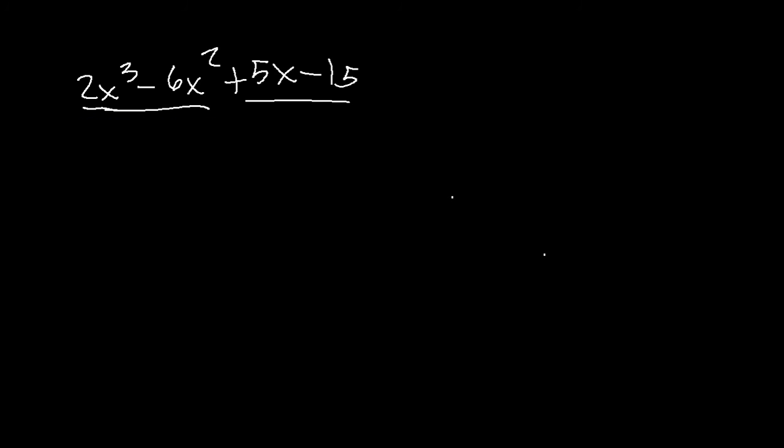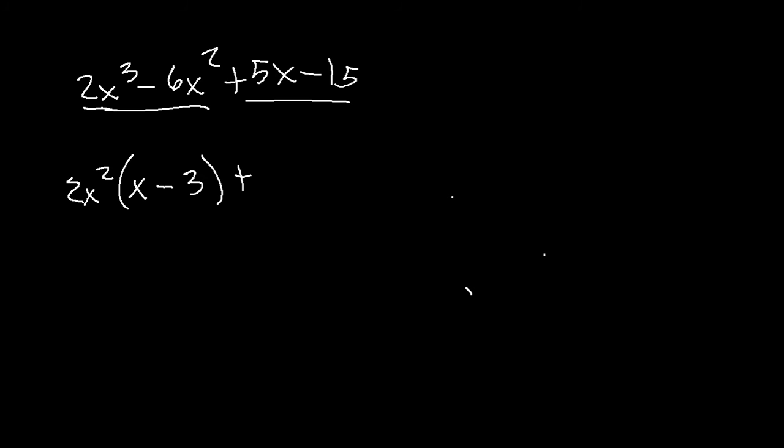So first, we need to get the greatest common factor of 2x cubed minus 6x squared. That will be 2x squared. 2x cubed divided by 2x squared is just x, and 6x squared divided by 2x squared will be 3. Take the greatest common factor of 5x minus 15.